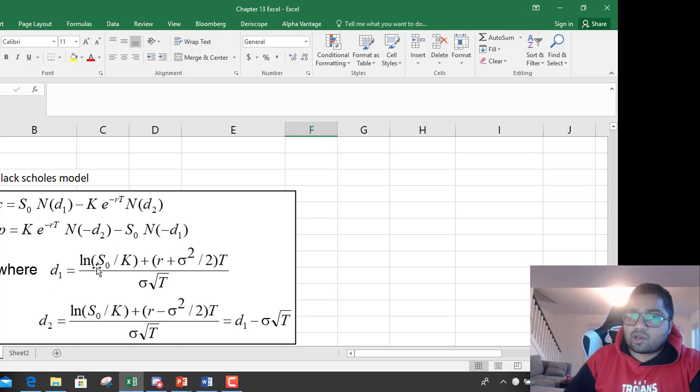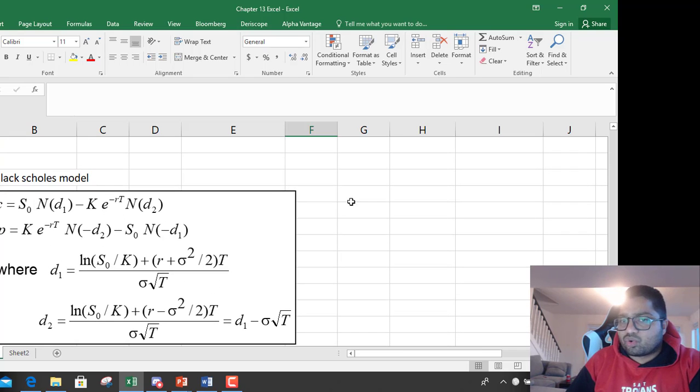D1 is ln(S0 by K) plus (R plus sigma square by 2) T, divided by sigma square root of T. So this is D1. D2 is ln(S0 by K) plus (R minus sigma square by 2) T, divided by sigma square root of T. Or you can find D1 first and just subtract sigma square root of T to find D2.